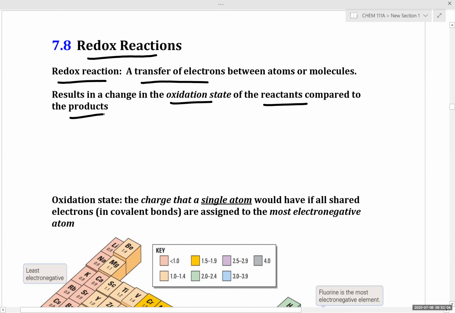So we've actually already seen redox reactions at play. For example, if we have lead solid reacting with oxygen gas, that in turn gives us lead oxide.